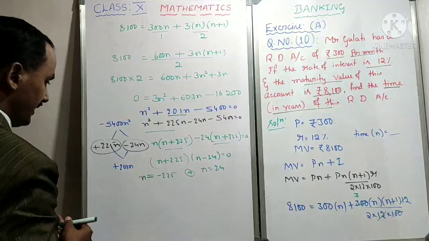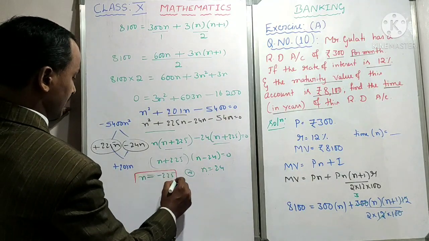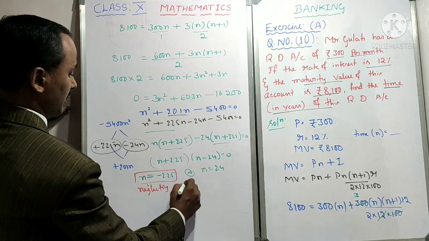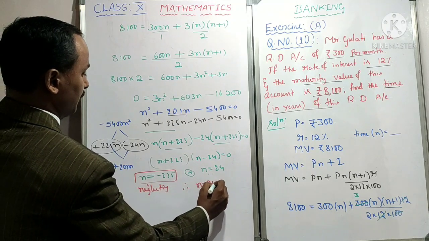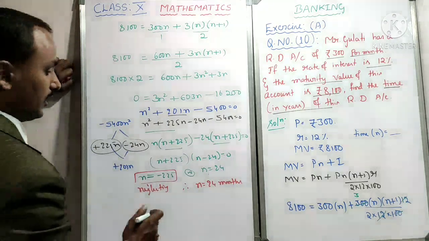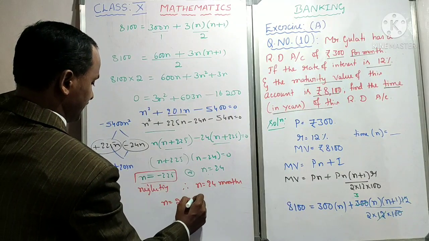Now n is equal to minus 225 neglecting. Therefore n is equal to 24 months. This is months always, n value in months will come. Converted into years, n is equal to 2 years.